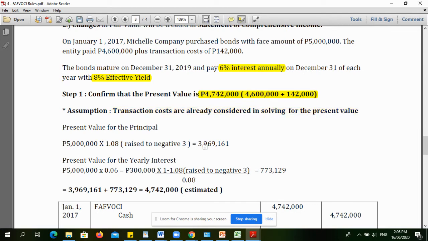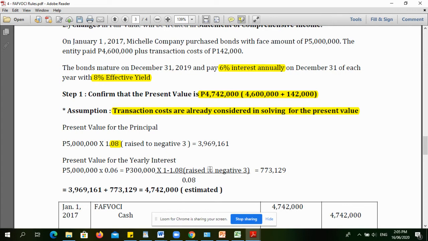Okay, tingnan natin. The effective rate is 8%. The first thing is we want to find the present value for the principal. 5 million times 8% raised to negative 3 is 3,969,161.